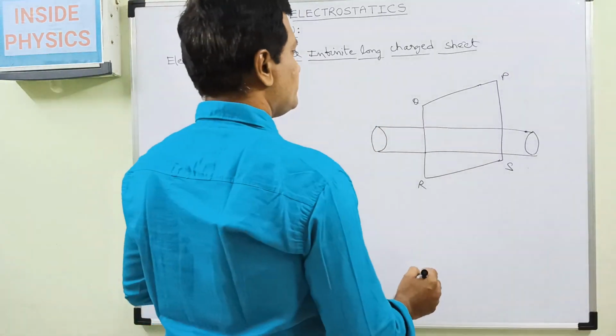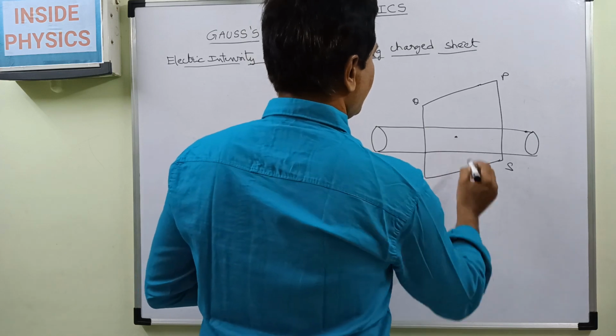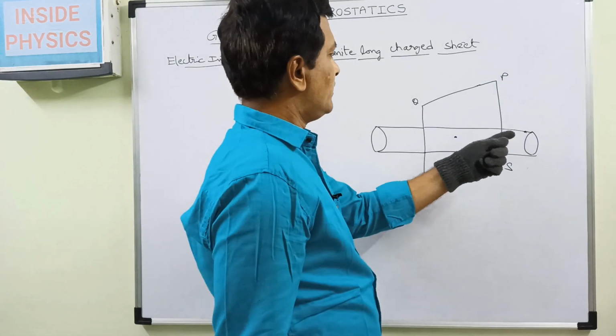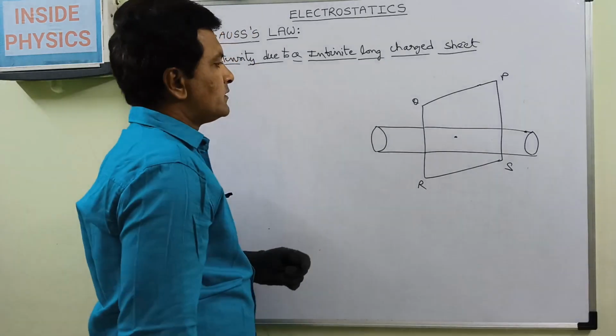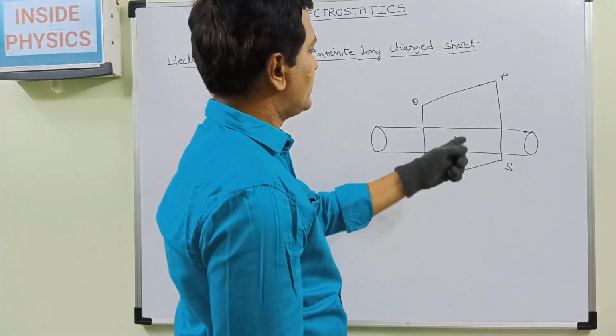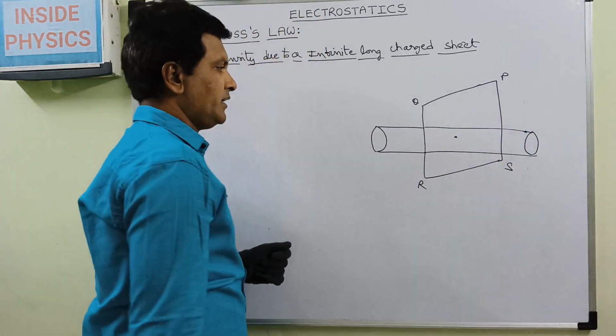Here the horizontal cylinder is going through the sheet. The distance from this sheet on the left side and the right side of the cylinder will be equal.